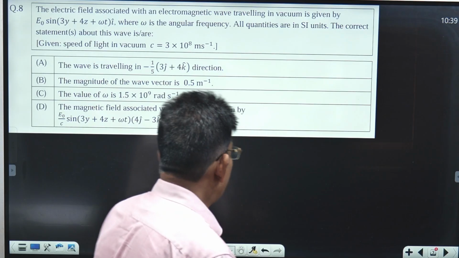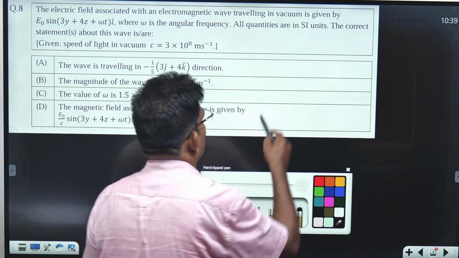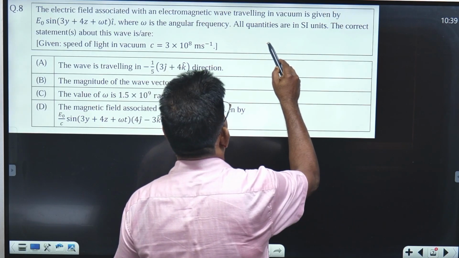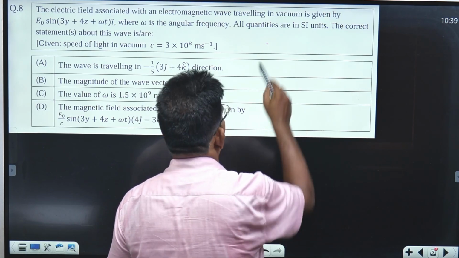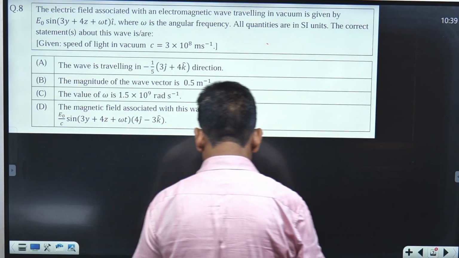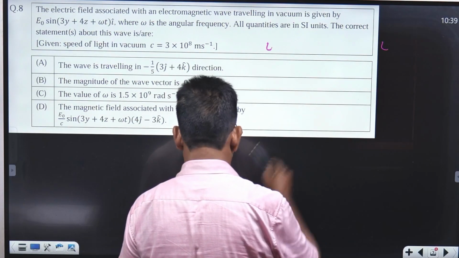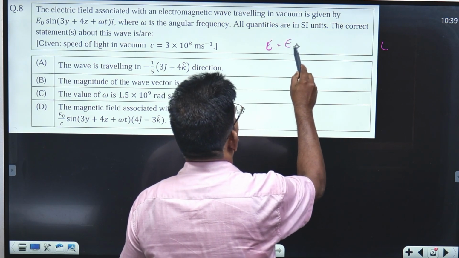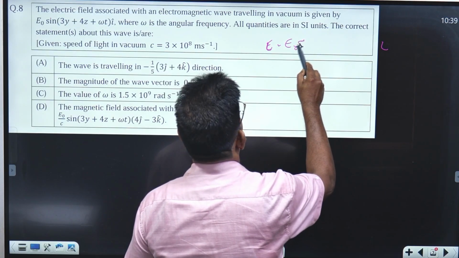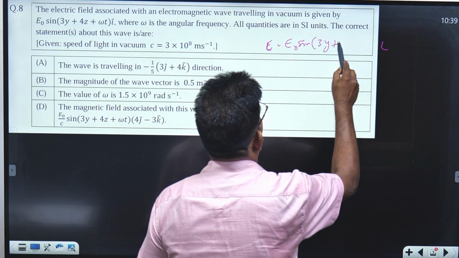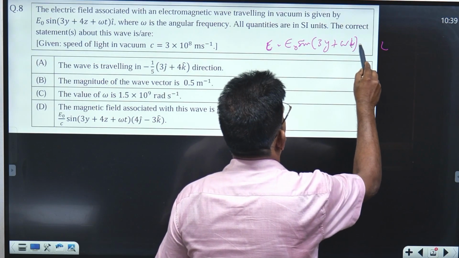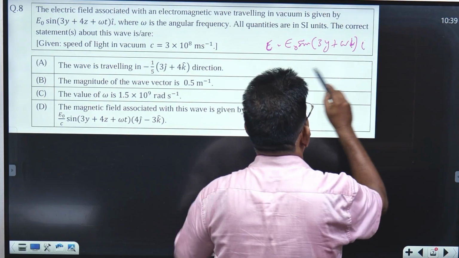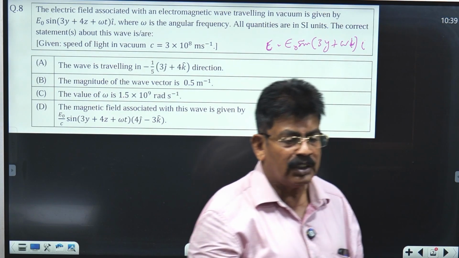We know in the case of an electromagnetic wave propagating along y direction, suppose we write E is equal to E0 sine 3y plus some omega t i. So I just write an equation for a wave propagating.